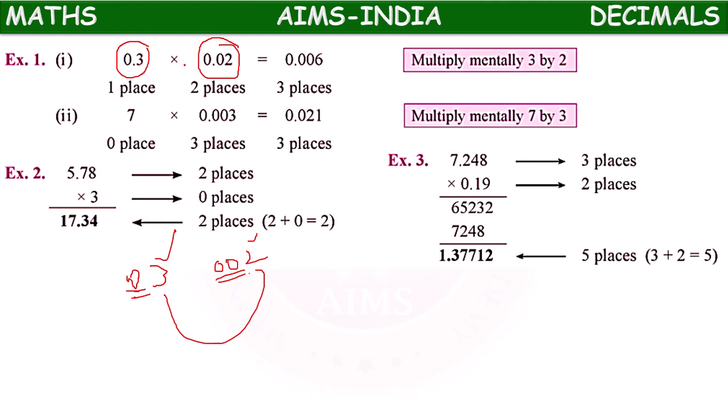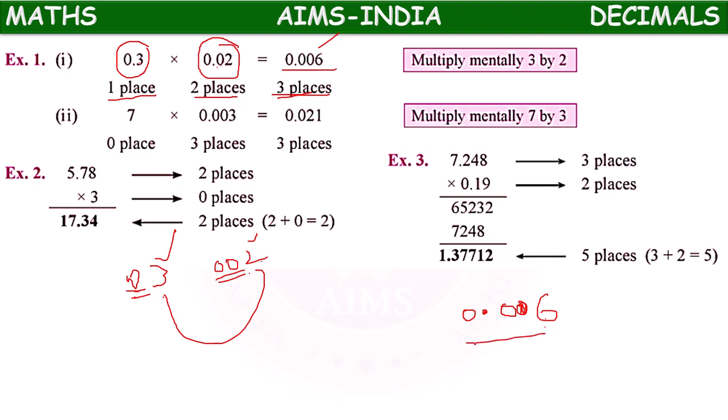So we are multiplying only here 3 into 2, 6. But here after point 1 decimal place is there. Here after point 2 decimal places are there. In the product also 3 twos are only 6 we are getting. In the product also we need 3 decimal places. So we can keep 2 zeros here, point, 1 more 0. So we can insert as many number of zeros as we want according to this decimal places.